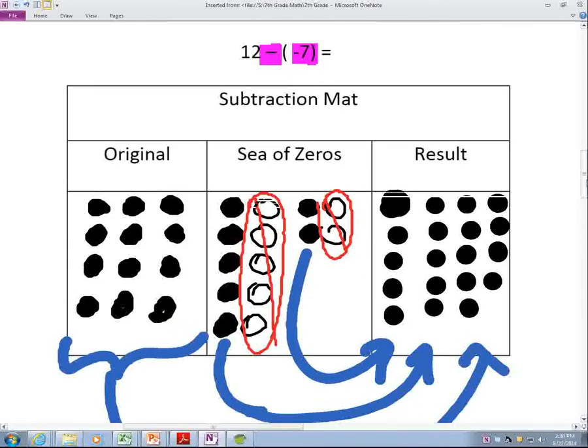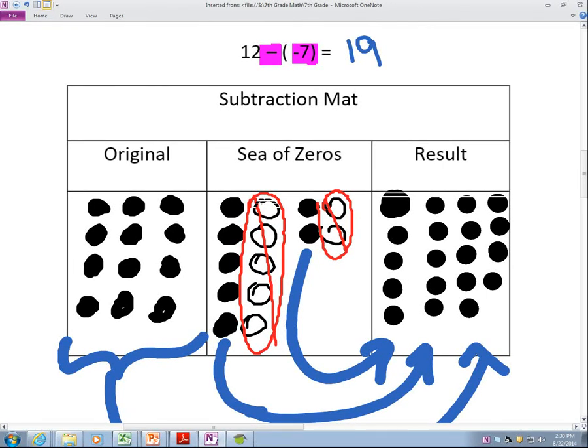Which became 19 positive integers. Now, if that makes sense already, fantastic, wonderful.